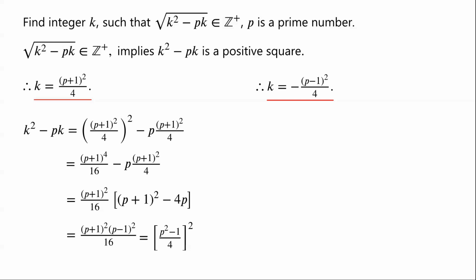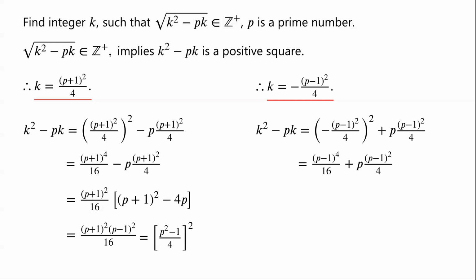Similarly, when k equals negative (p minus 1) all squared over 4, k squared minus pk equals (negative (p minus 1) all squared over 4) all squared, plus p times (p minus 1) all squared over 4. (Negative (p minus 1) all squared over 4) all squared, is equal to (p minus 1) to the power of 4, over 16.